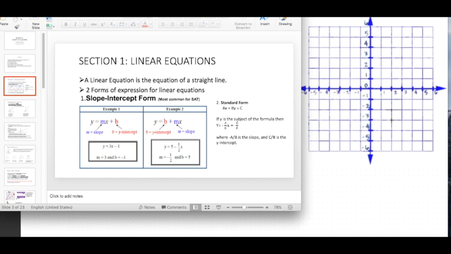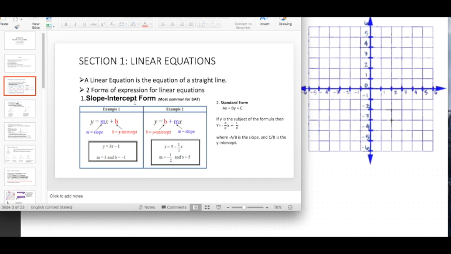It says if we make y the subject of the formula, then we would get y equals minus a over b x plus c over b, where minus a over b is the slope and c over b is the y-intercept. So let's go into this slope-intercept form, and then I'll work this out for anyone who cannot clearly see how we converted the standard form into this slope-intercept format.